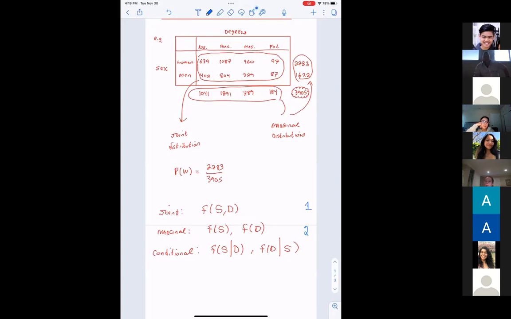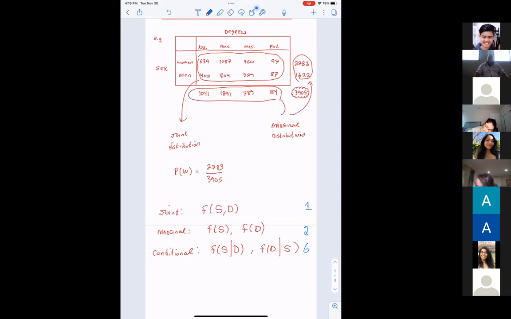How many different ways can I condition if I'm conditioning on the degree of the individual? Four, depending on if I condition on associate's, or on bachelor's, or on master's, or on the PhD. So overall, how many different ways can I condition? The answer is 6. There are 6 different conditional distributions.